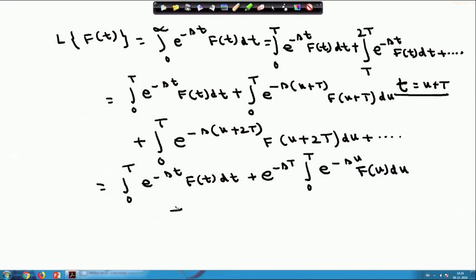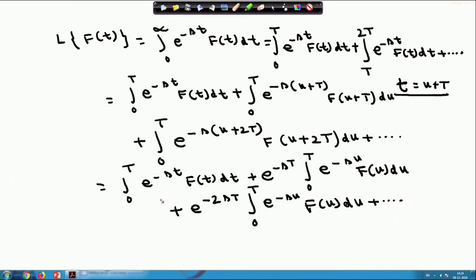For the second case, I can bring out e^(-2sT), so e^(-2sT) times the integral from 0 to T of e^(-su) f(u) du, and it will continue like this.